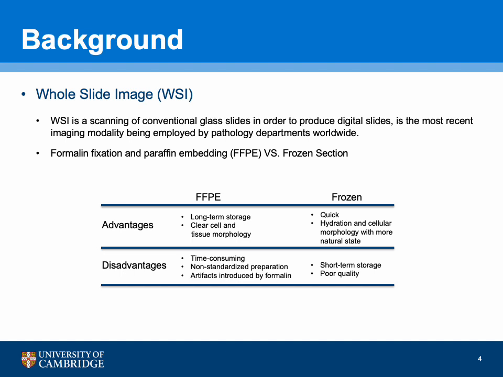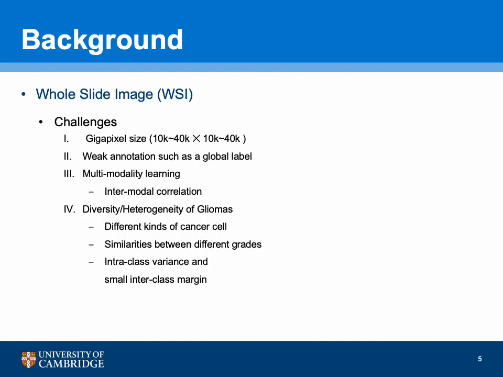Moreover, formalin also causes some artifacts. The frozen section is of course quick, and the hydration and cellular morphology are in a more natural state, but it has short-term storage and poor quality.